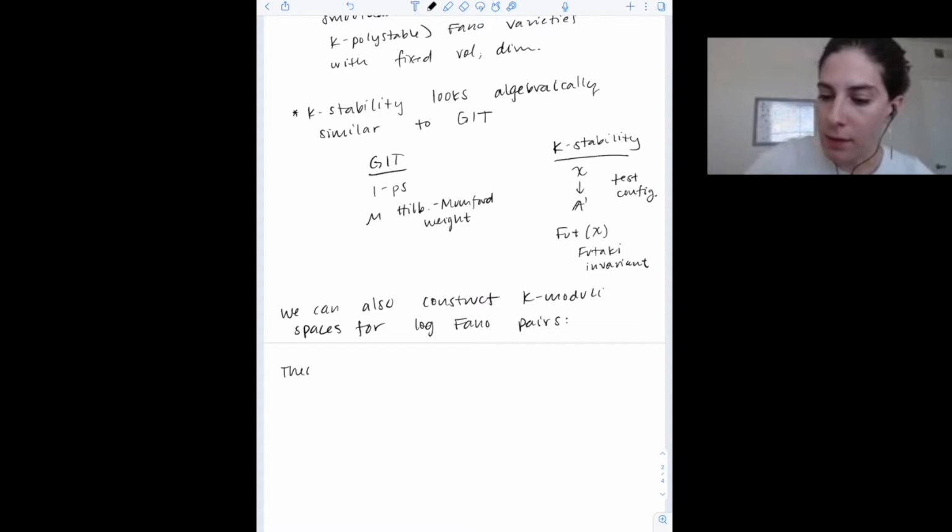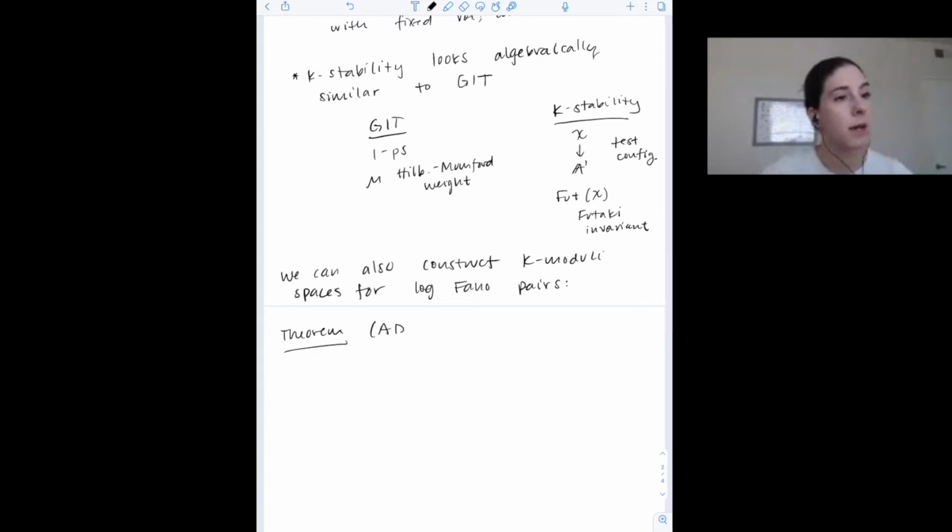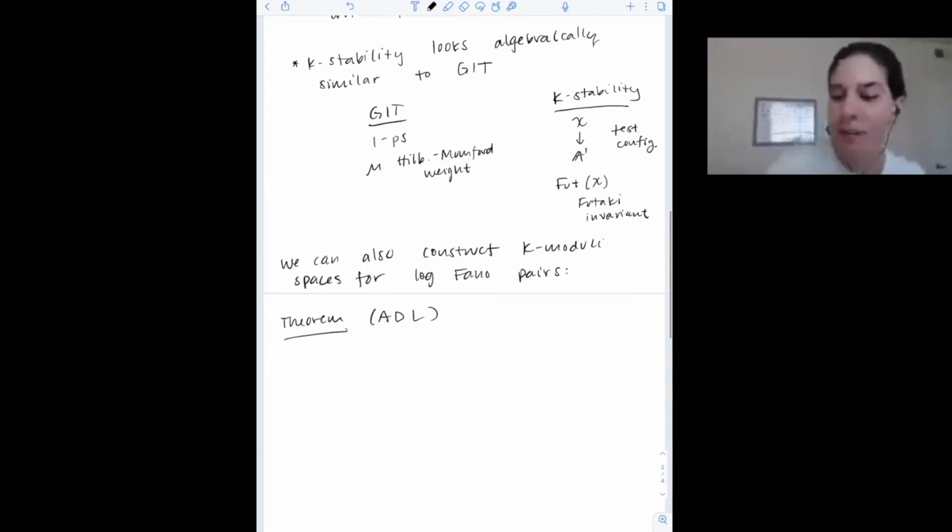So again, this result will also generalize to the non-smoothable setting, but as stated, I'll just keep it in case we'll use it today.